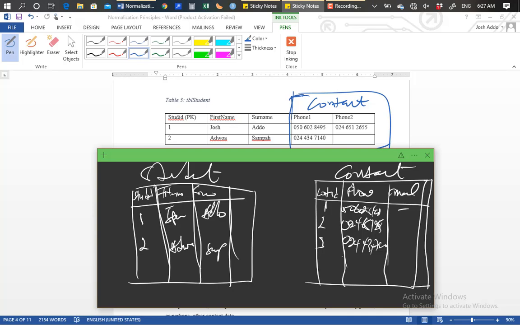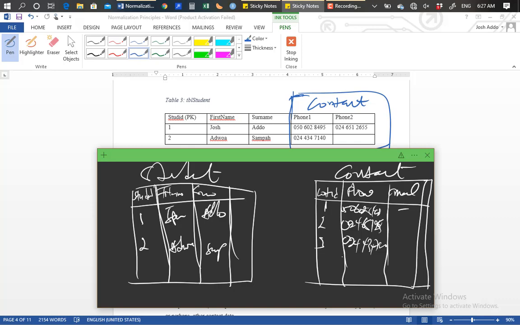And a foreign key column is simply copying the primary key column in the student table and pasting it inside the contact table. The reason why it is called a foreign key is that you are bringing a column which belongs to another table into a different table. So in that different table where it doesn't naturally belong, it is a foreigner. So that's the idea of a foreign key.